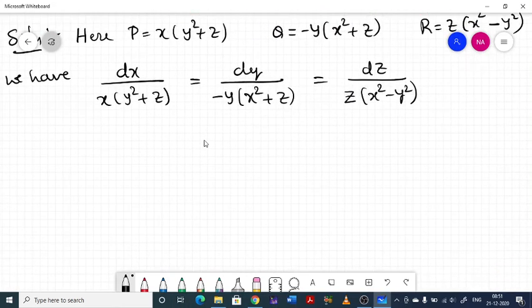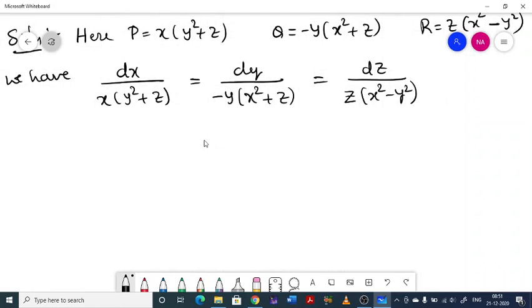Now this we can't solve by separation of variables. We have to choose multipliers only. Now choosing first multipliers, 1 by x, 1 by y, 1 by z.